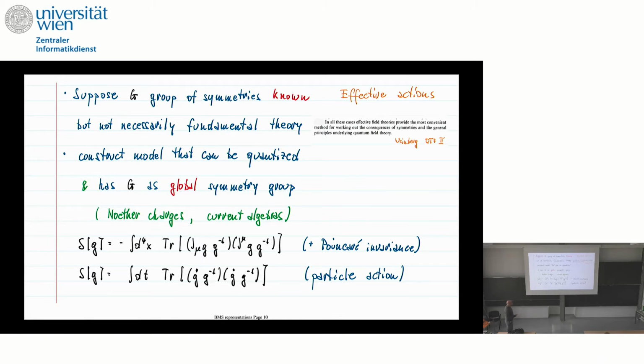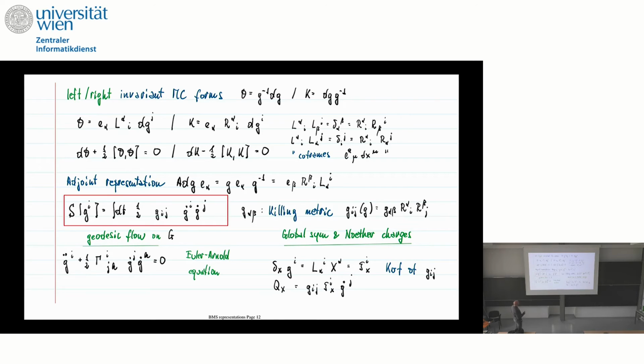And if you write down this action in coordinates, since this is basically the right invariant Maurer-Cartan form, and here is the trace of the Lie algebra, what you are seeing is that this effective action in the case where the base space was a line is just given by the question that you should minimize this distance, and this Gij is just the dressing of the Killing metric, or the extension of the Killing metric at the origin as a right invariant metric, so decorated by these matrices.